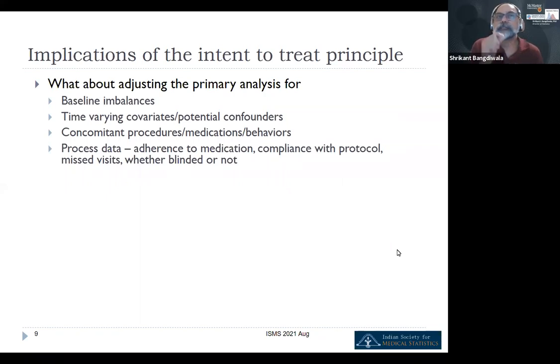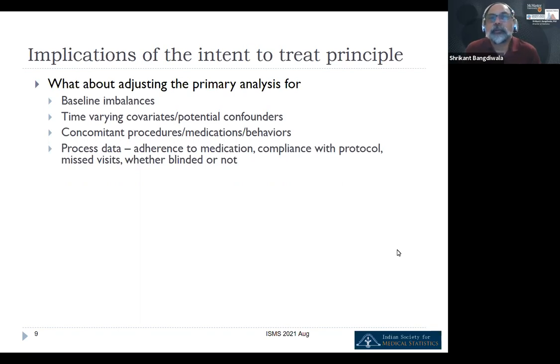Or what if some of the outcome is affected by time variant covariates, like the blood pressure is changing over time or their glucose level is changing over time? What about potential confounders, right? What about people taking other procedures or doing things outside of your study and getting seen by another physician or deciding to do whatever they wanted to do?